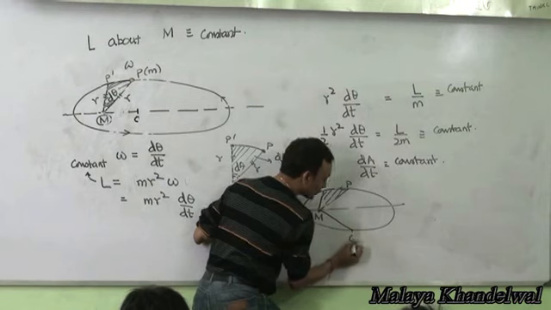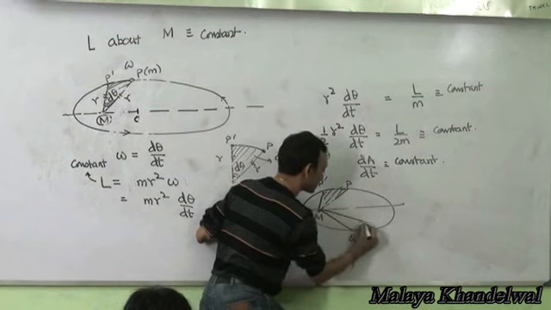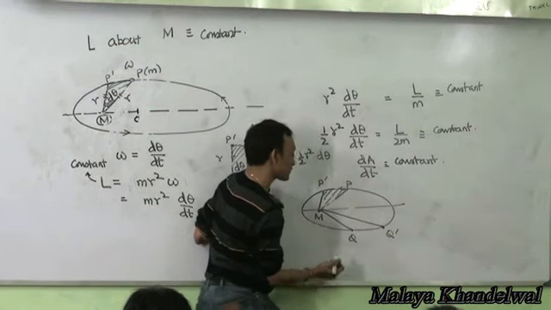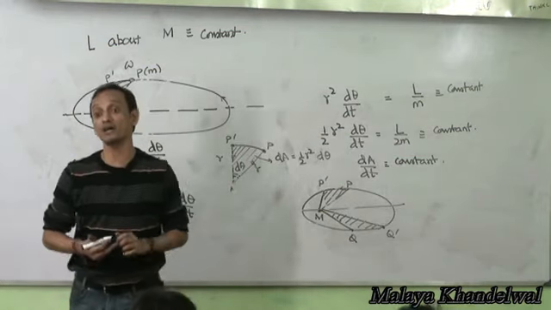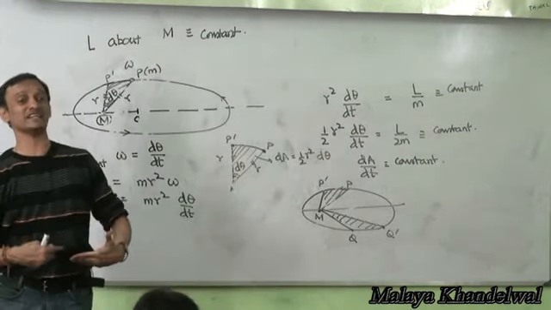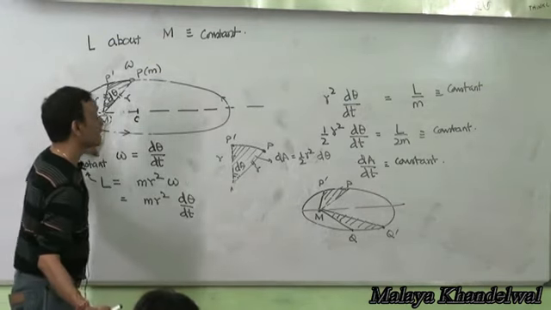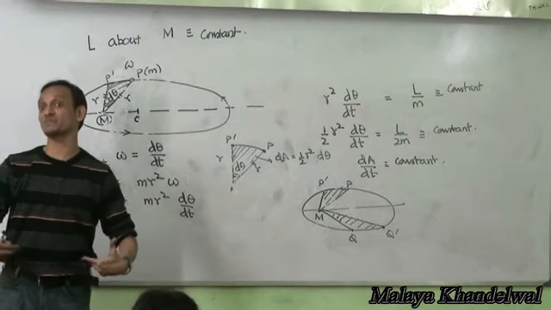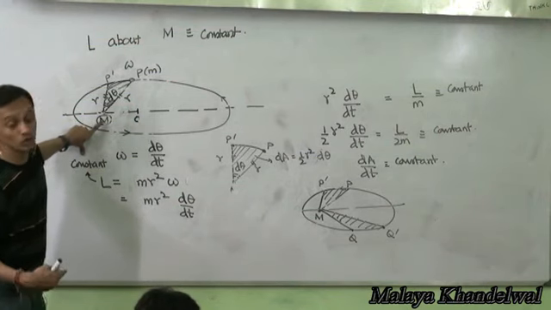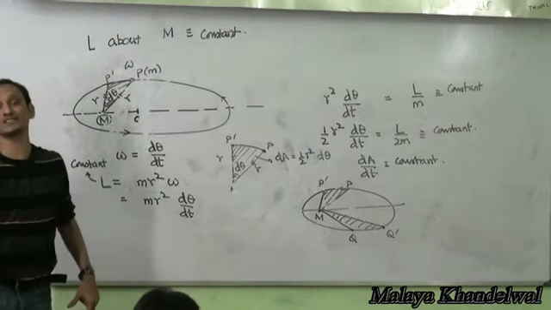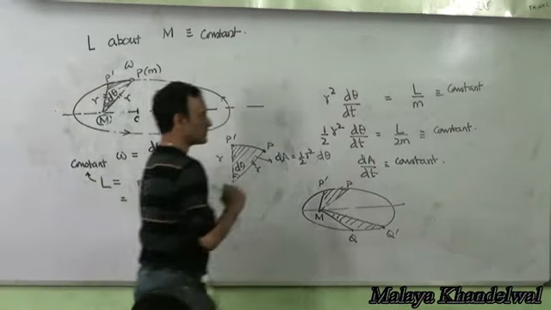Now it's at Q, and if you give it the same time as it took to go from P to P prime, it goes from Q to Q prime, and in the same time it will describe the same area. The rate at which it describes area about the focus, where the mass capital M is located, is going to be a constant. It describes equal areas in equal intervals of time. Right? That's one thing.